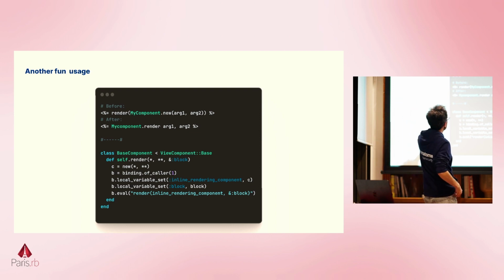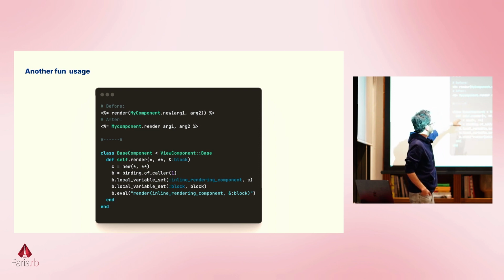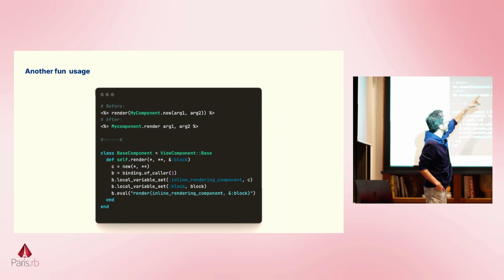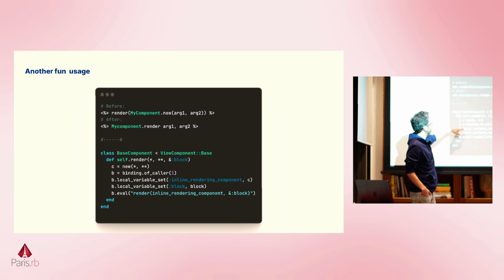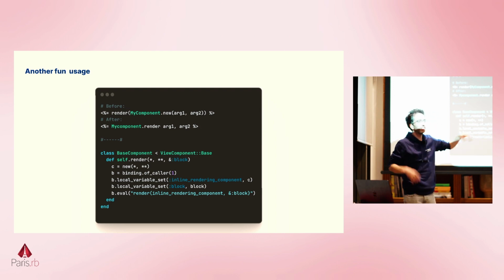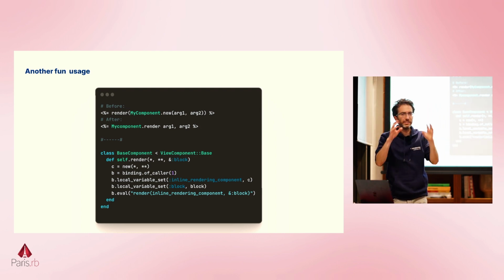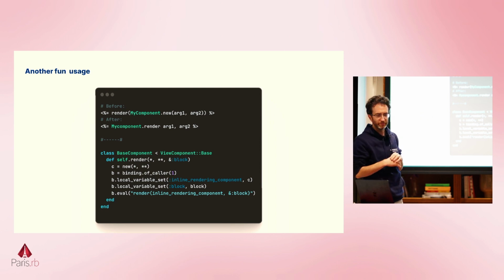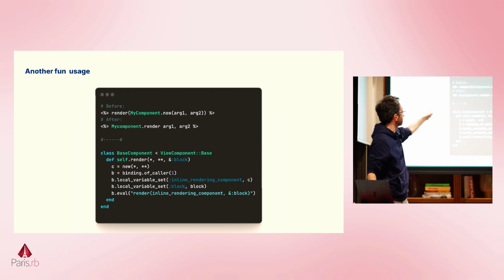With binding_of_caller, you can have this syntax, MyComponent.render, because render is a class method, and in this class method, you create a new component with the same args as before. You set local variables in your caller stack, and then you eval render your component and the block in your caller stack. So it does exactly the same thing as before. You can even add a do end block and it works.